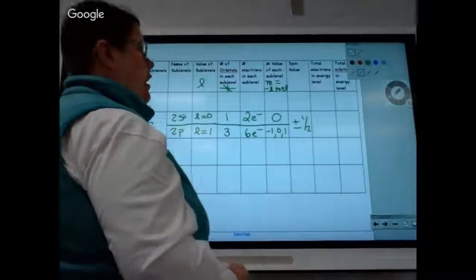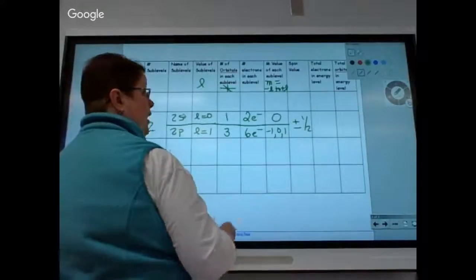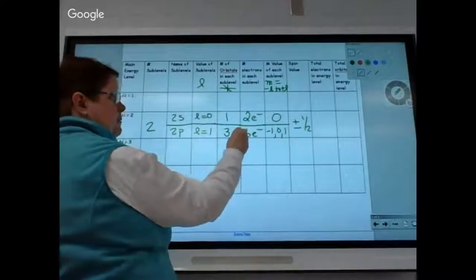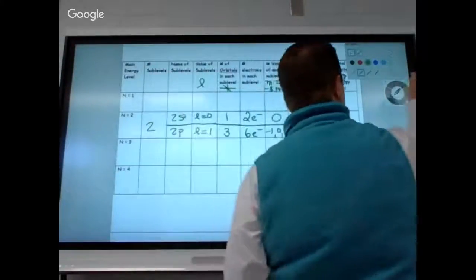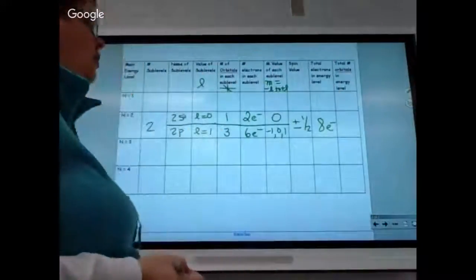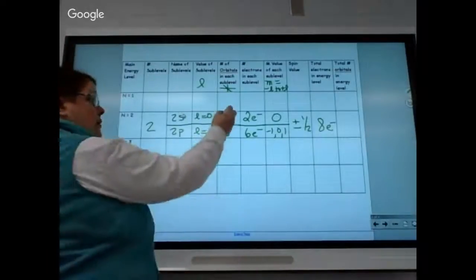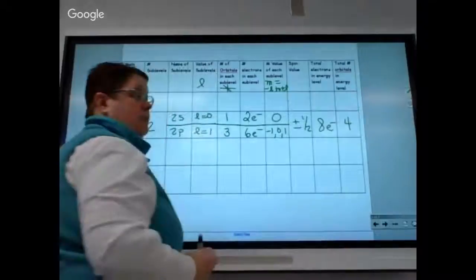How many electrons are in the energy level? 2 plus 6 is 8. Now, this one we have not done. How many orbitals are in the energy level? There would be 4, because 1 plus 3 is 4 orbitals.